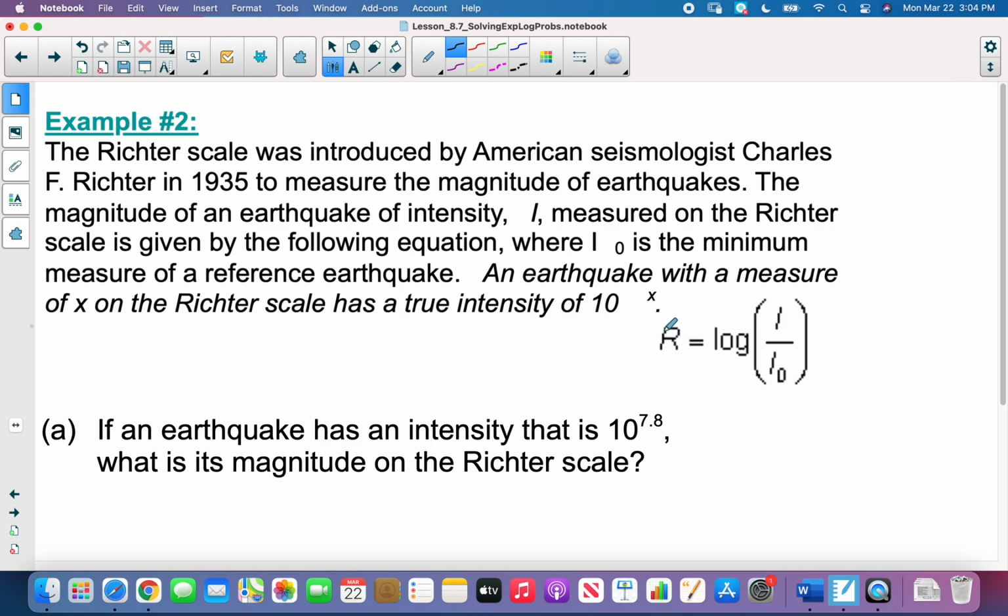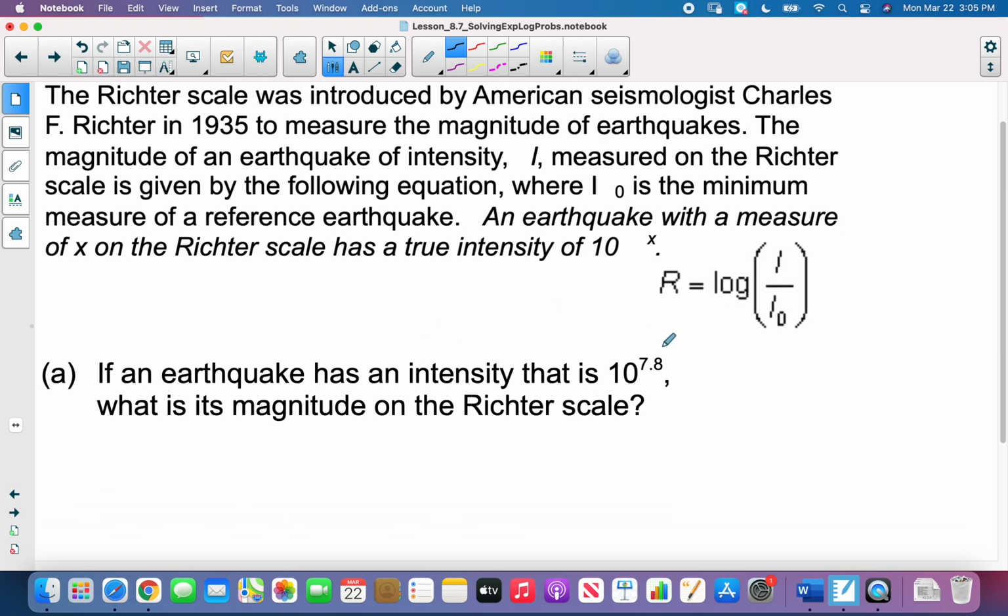The Richter scale value of the magnitude of an earthquake is equal to log of I divided by I0. The question is asking, if the earthquake has an intensity of 10 to the power of 7.8, what is the magnitude on the Richter scale?